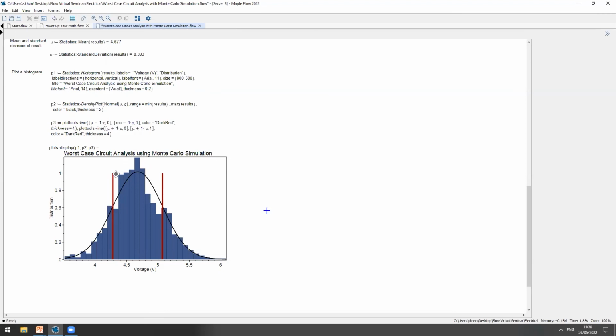And the third are 2 vertical red lines, which indicate 1 standard deviation from the mean. If I wanted 2 standard deviations from the mean, I could do that simply by making a couple of changes. I press enter, there we go. The red lines now indicate 2 standard deviations from the mean.